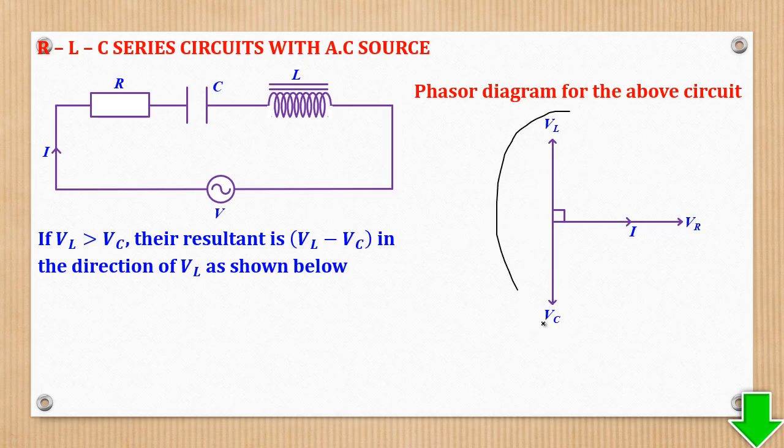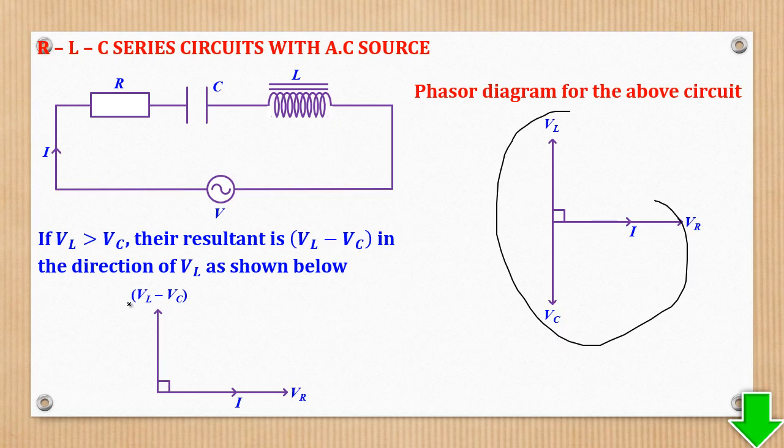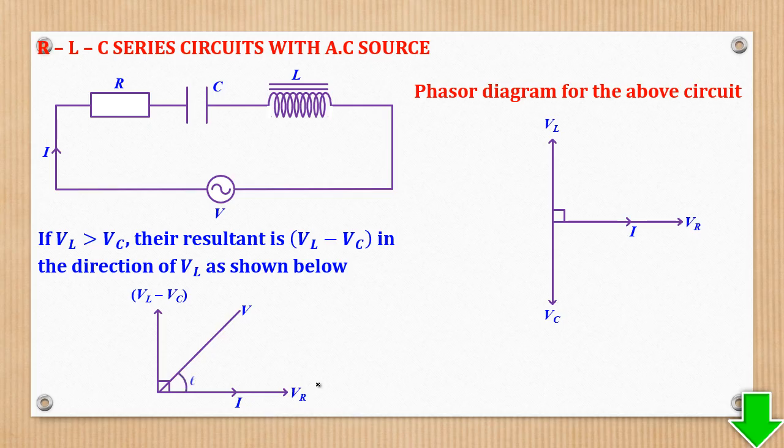So we can redraw this to come up with something like this, where I have that, and that. So in this case now it becomes easier to get the resultant of these three PDs. So theta is the phase angle.